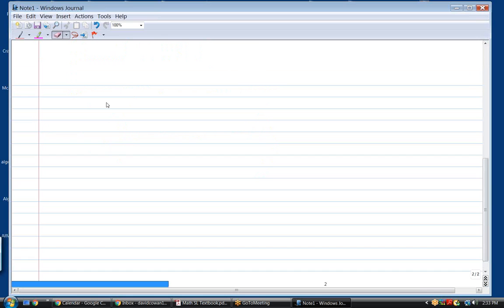1 plus tangent squared x. What's the identity for that?